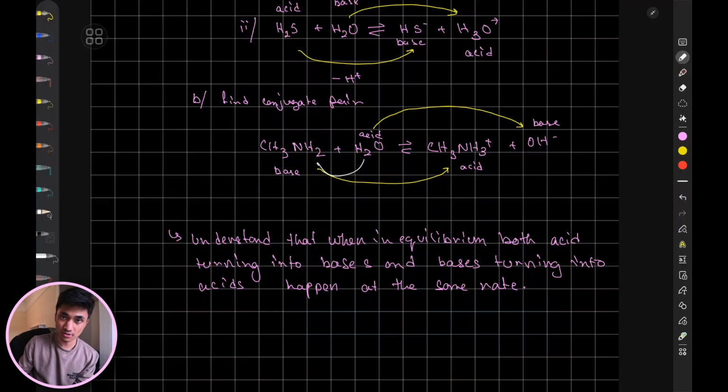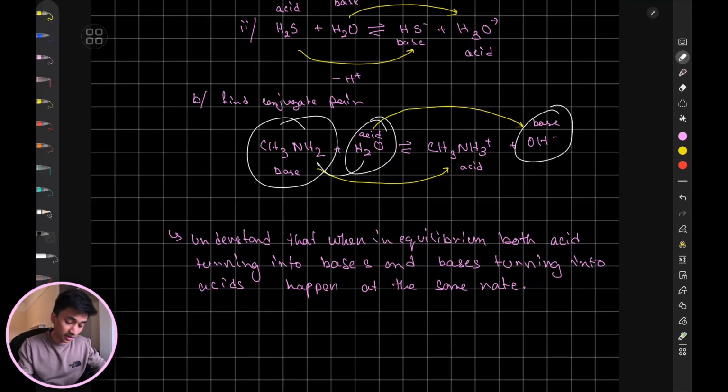So over here, H2O loses the H+ and forms the hydroxide ion, OH-. Conjugate pairs are again H2O and OH-. The difference is H+, and over here the methylamine CH3NH2 and CH3NH3+, because the difference is H+ only. Do we get that?